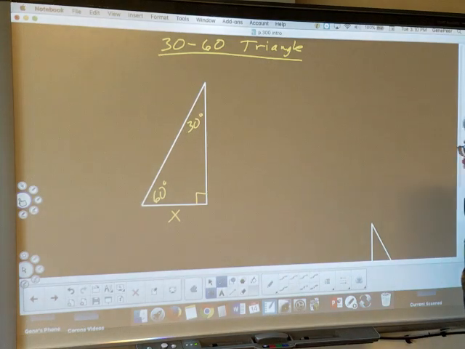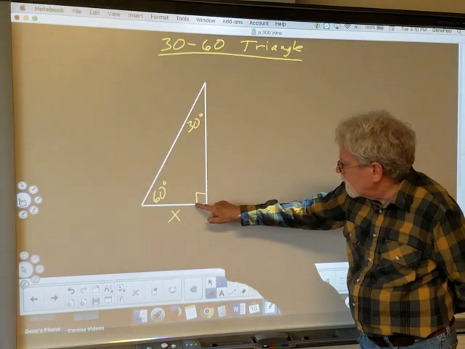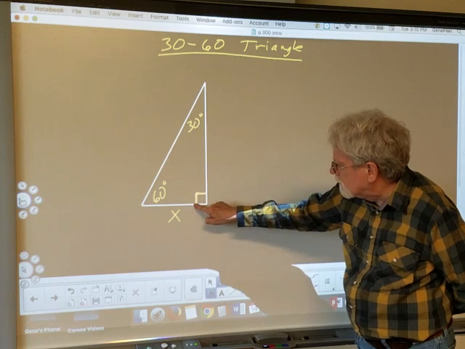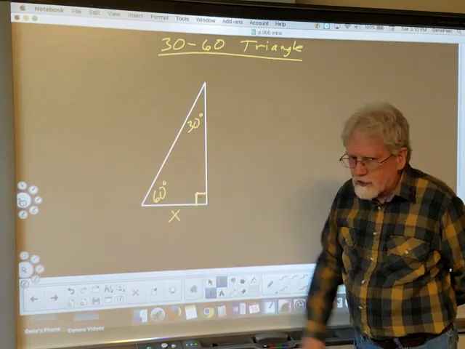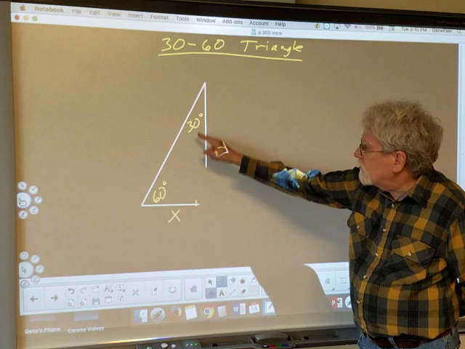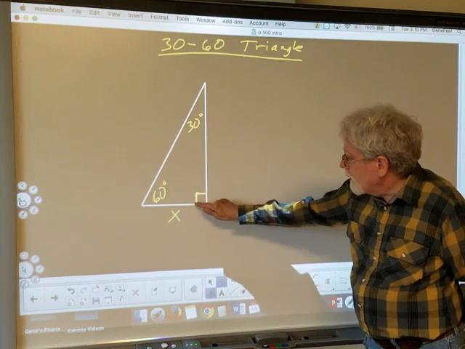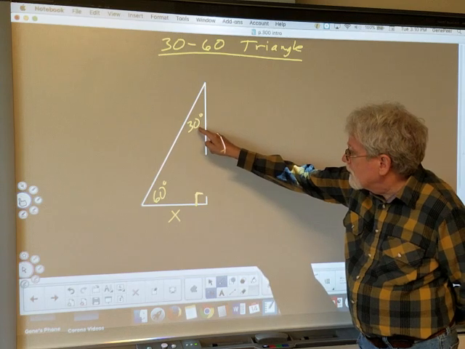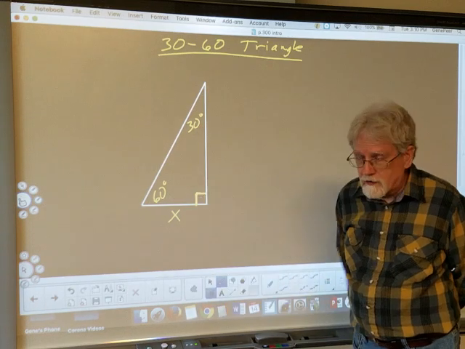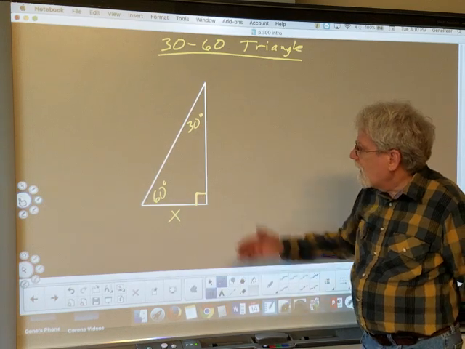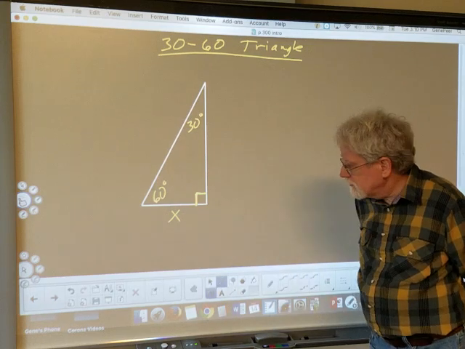Of course, if someone tells you this is a right angle and that's 60, then you automatically know this has to be 30, or the other way around. If you know that's 90 and that's 30, then this has to be 60. So you don't have to be given all three angles.